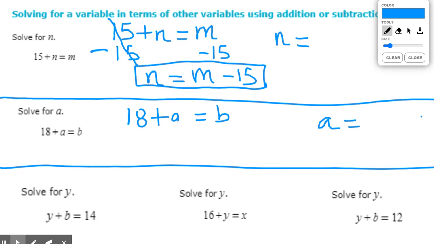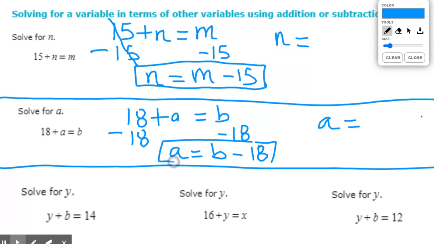So to get a by itself, we need to get rid of this term over here. And since it's being added to it, we're going to subtract it from it. That would be the opposite. So I subtract 18 from both sides here, and I'm left with a is equal to, those cannot be combined, so b minus 18. And there's my final answer. And just like that, we're done. All right, these are all one-step equations.